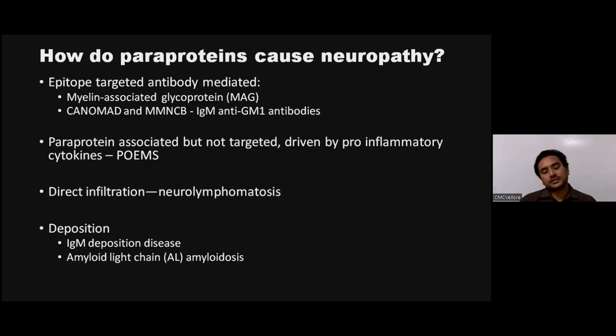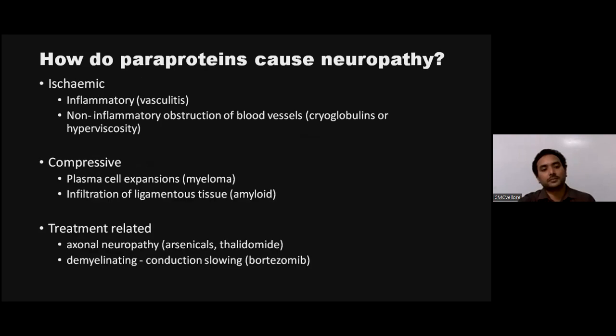Coming to POEMS, it is actually not direct antigen antibody mediated, but pro-inflammatory cytokine mediated, related to the paraprotein. That is what we see in POEMS. With direct infiltration we see neurolymphomatosis, which is usually associated with Waldenstrom's macroglobulinemia, and the deposition diseases, IgM deposition or AL amyloidosis, where deposits form in different organs and systemic manifestations may develop.